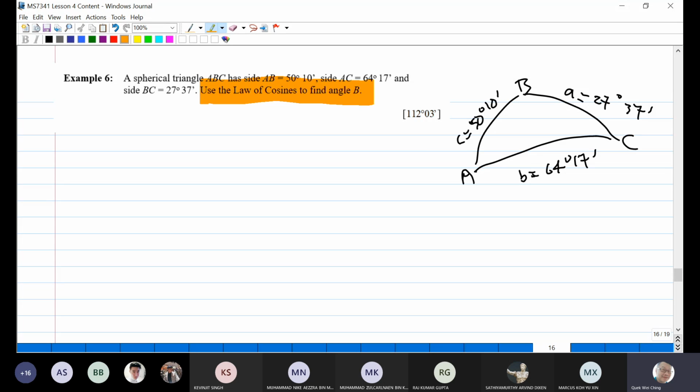To find angle B, where is angle B? Angle B is this angle here. Let me use the color code here. This angle is angle B, and this is side B. So the others will be A and C. Let's write down the formula for the law of cosine.